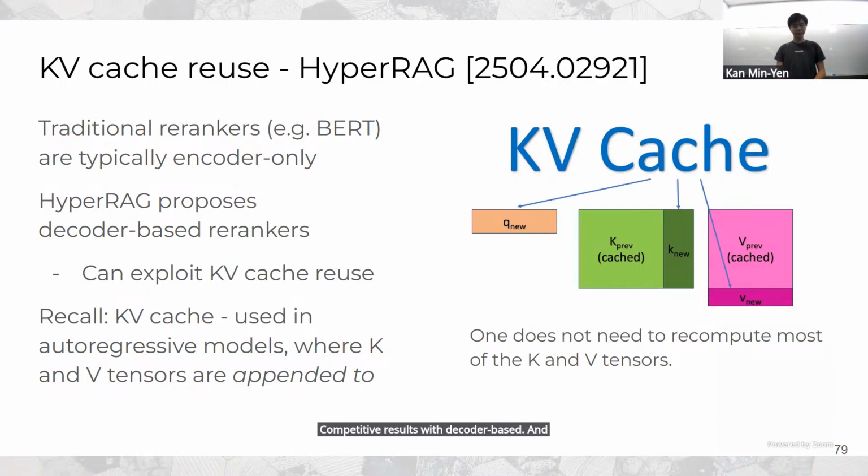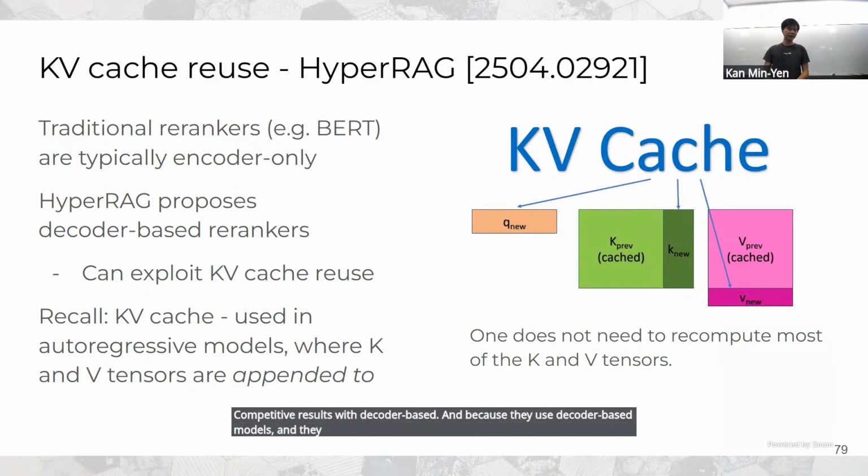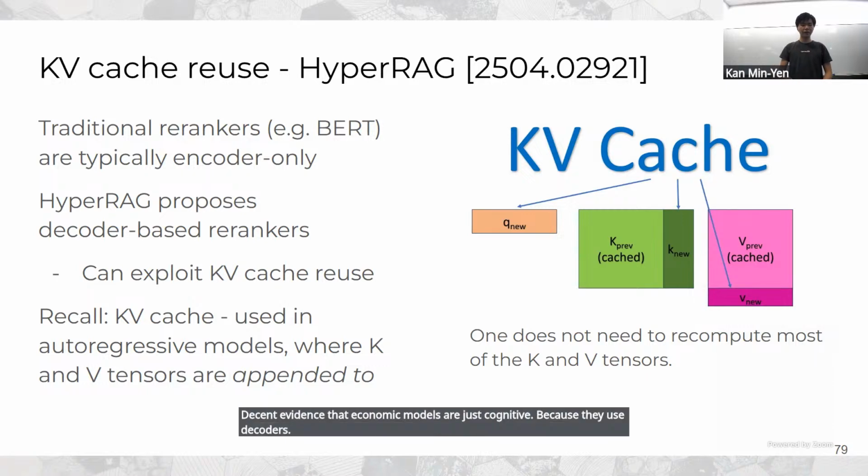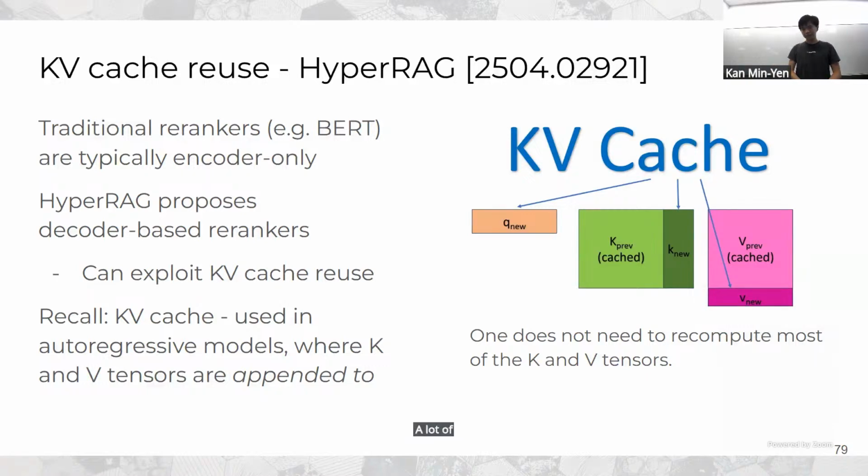And because they use decoder-based models and show decent evidence that decoder-based models are competitive, they can exploit a lot of optimizations like KV cache reuse, and in so doing they improve the throughput. So that's why they make re-ranking more efficient.